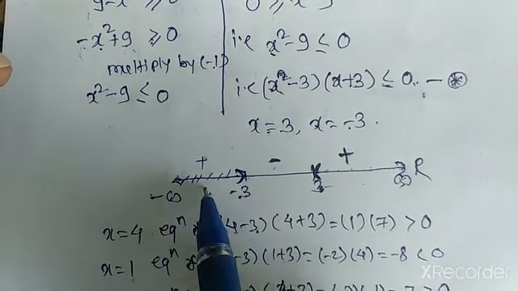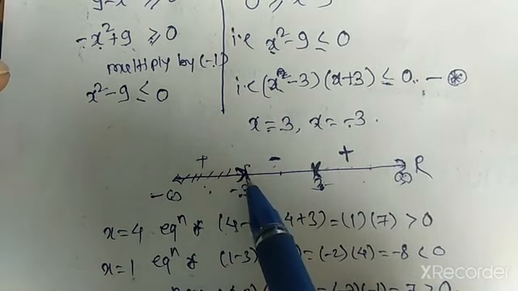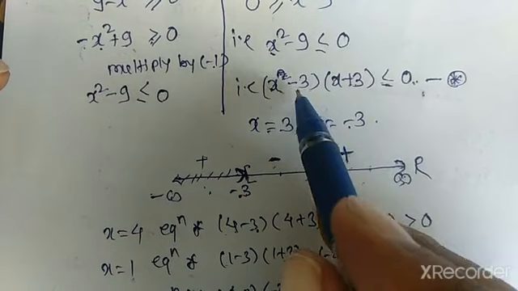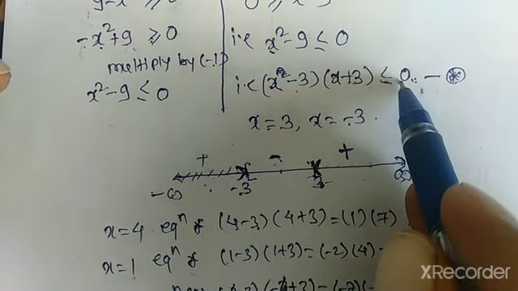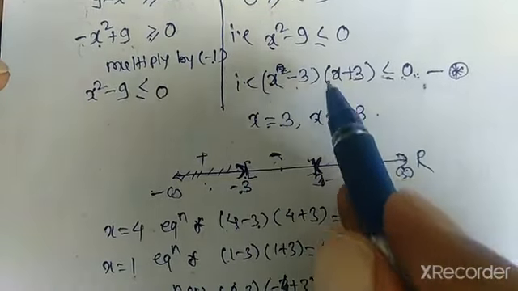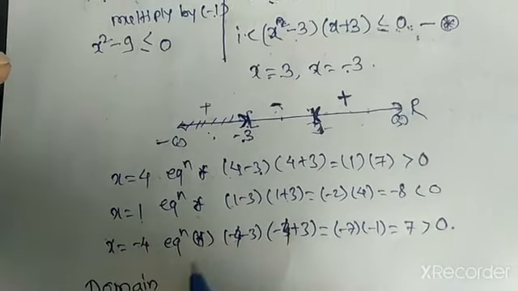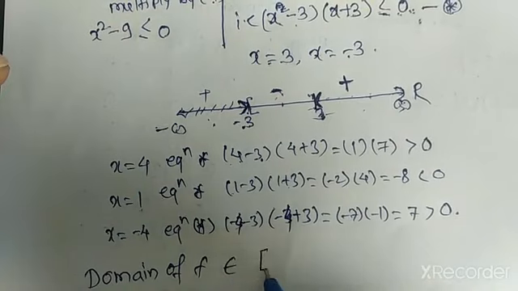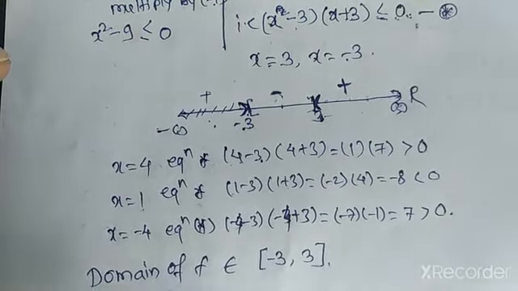If you see these three intervals, in the interval minus 3 to 3, the value is negative, which means less than 0. And at minus 3 and 3 it is 0. So the domain of f will belong to minus 3 to 3. Okay, this is our domain.